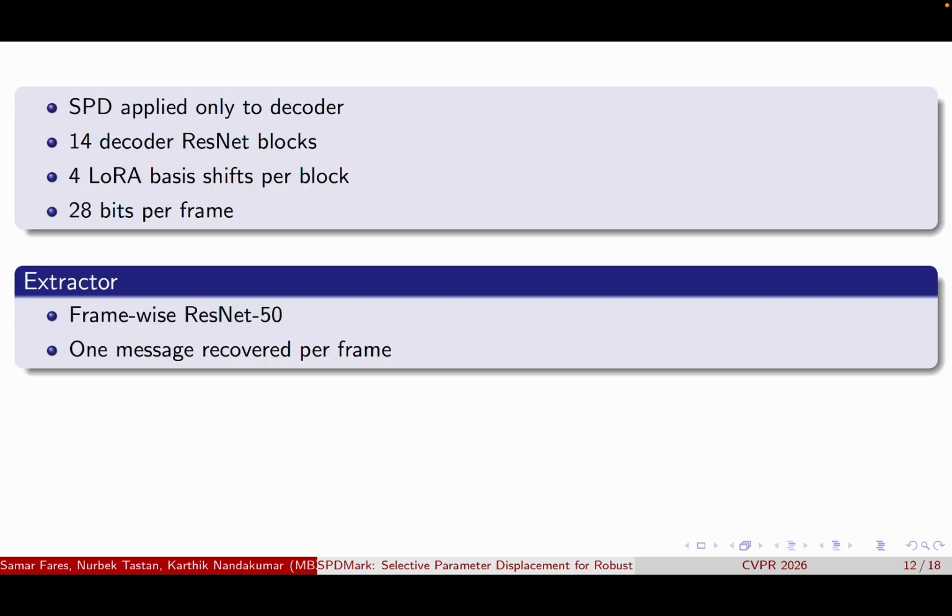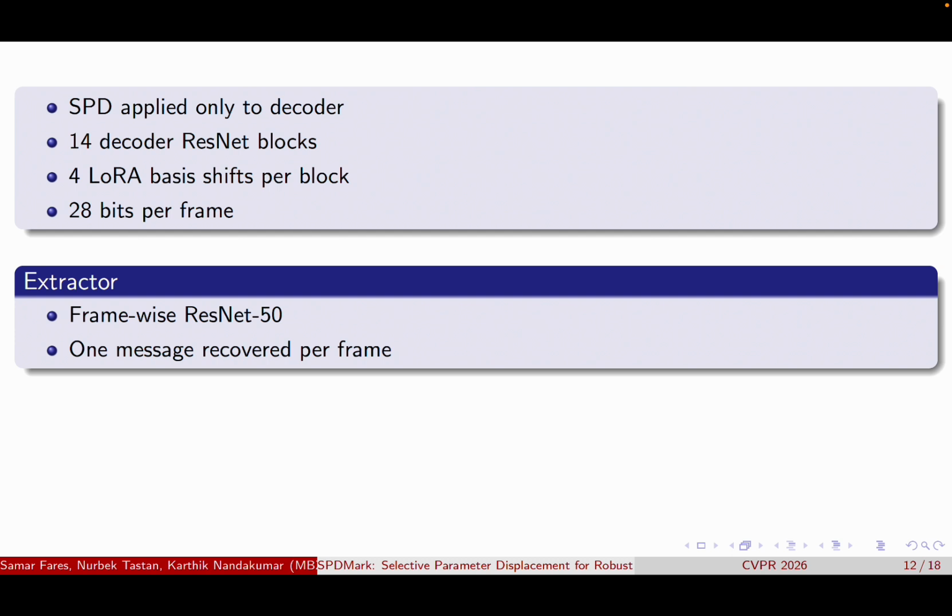In our implementation, SPDMark is applied only to the decoder of the latent video diffusion model. We attach learned basis shifts to 14 spatial ResNet blocks in the decoder. Each block has 4 LoRA basis shifts, giving 2 bits per block and 28 bits per frame.